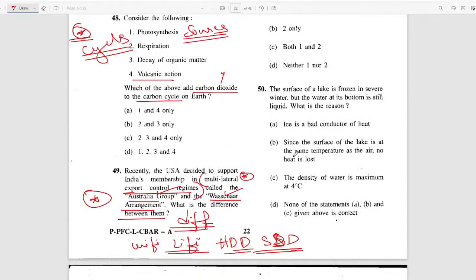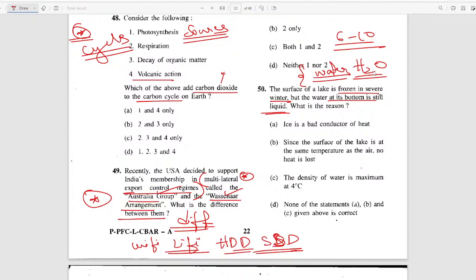Next question, 50th question. The surface of the lake is frozen in severe winter, but the water at its bottom is still liquid. This is about water. Properties of water, H2O. This can also be a chemistry question. So this is how they'll ask you basics from 6 to 10 science standard books.